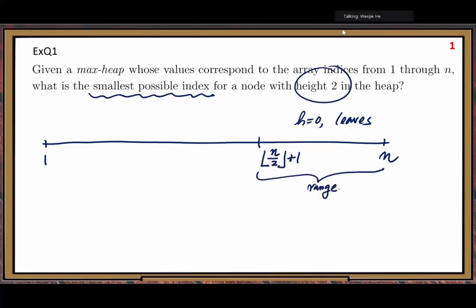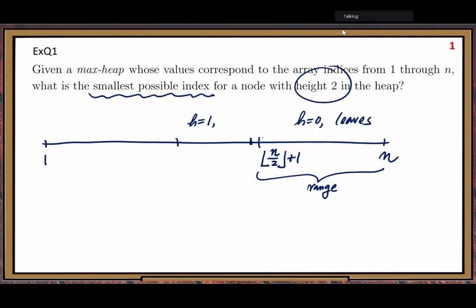All right, height 0. Next, we need to look at the next interval corresponding to height 1 nodes, h equals 1 internal nodes. Let's look at the range.